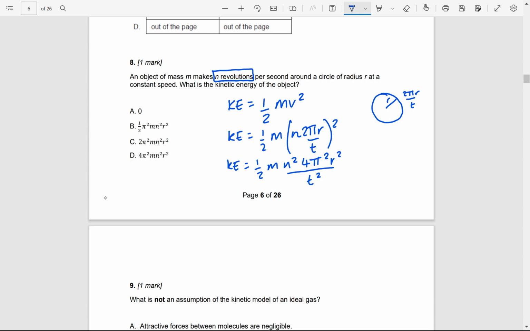So we have kinetic energy equals half times 4 is 2.